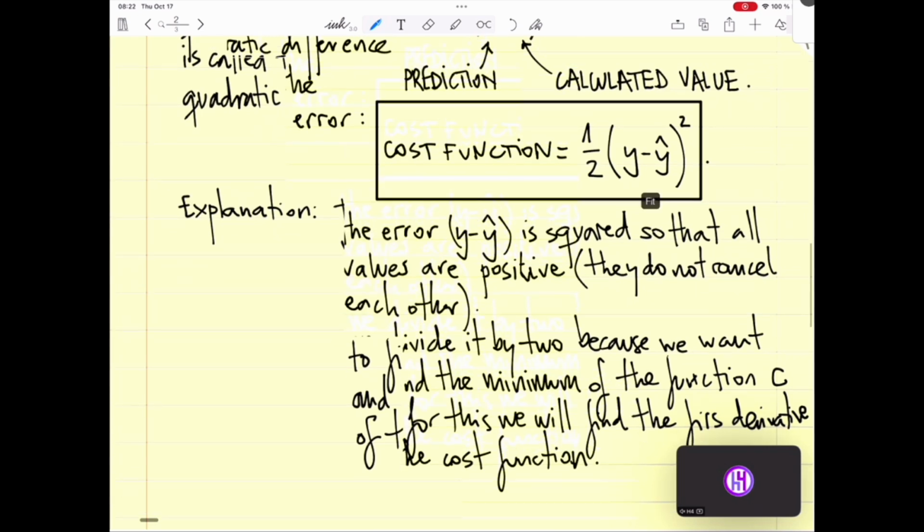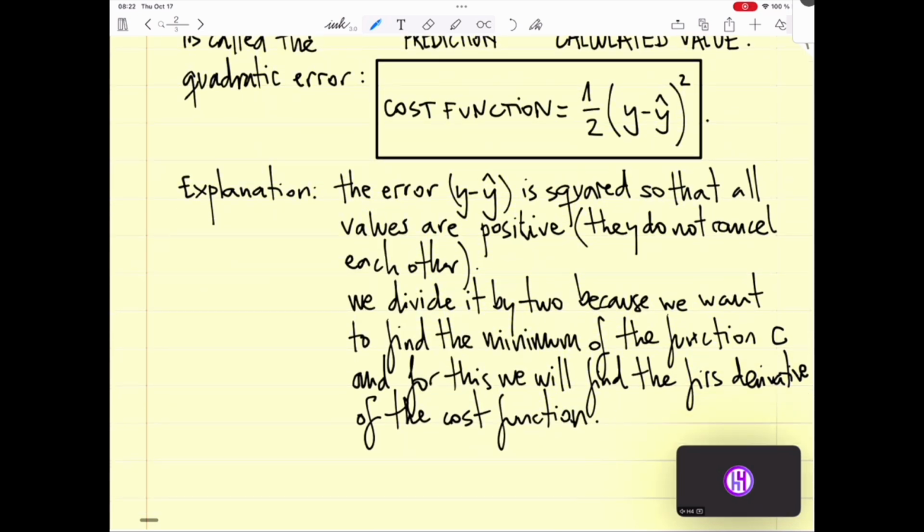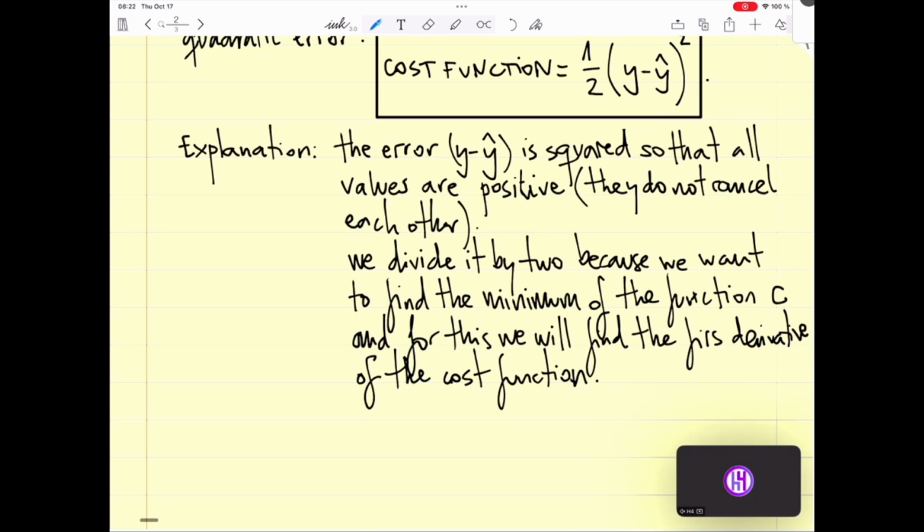As you know, the first derivative of something squared is 2 times the function. That's why we multiply it by 2, so to find the minimum of the cost function, we use the first derivative. Okay, because in the minimum the first derivative is 0, as you already know.